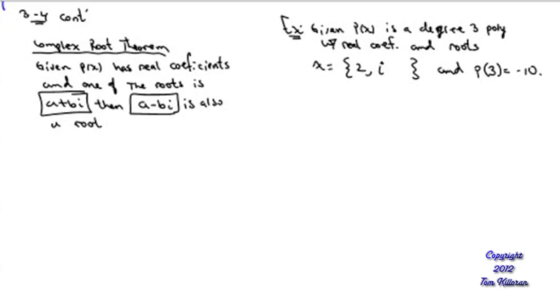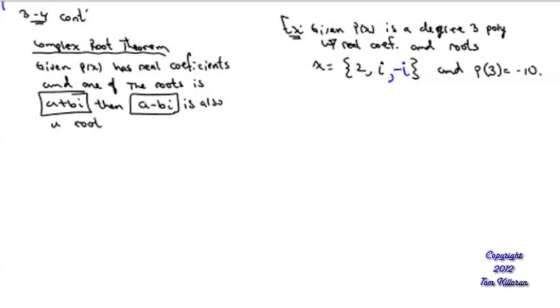Why would I care about the 2? 2's real. If you have i as one of your roots, then negative i has to be the other root, because they are conjugates. The a would be equal to 0. If one's positive i, the other one has to be negative i. All right, so here's my 3 roots.